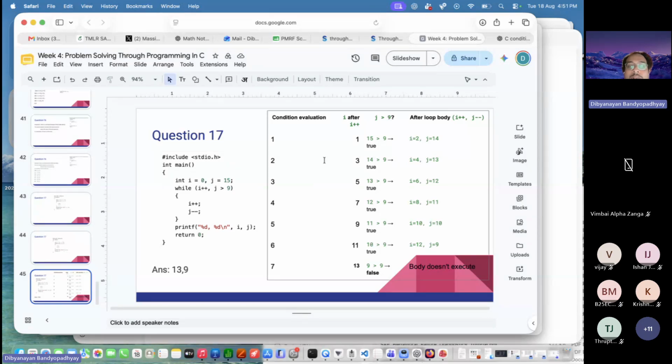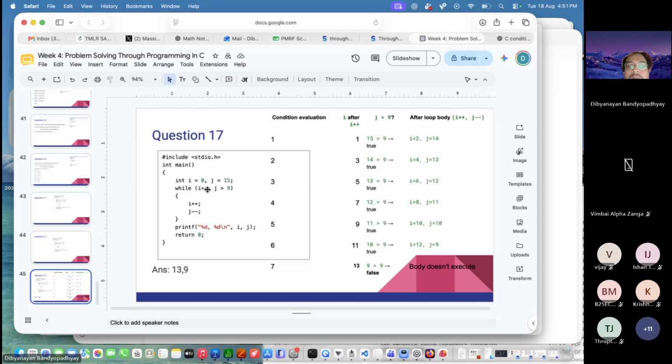So the first step is done. In the second step, you enter here. i is incremented to 3 from 2, and j is now checked. The value of j was 14, and it gets checked with 9. It is true because 14 is greater than 9. So again you go inside the loop and increment the value of i to 4 and decrement the value of j to 13.